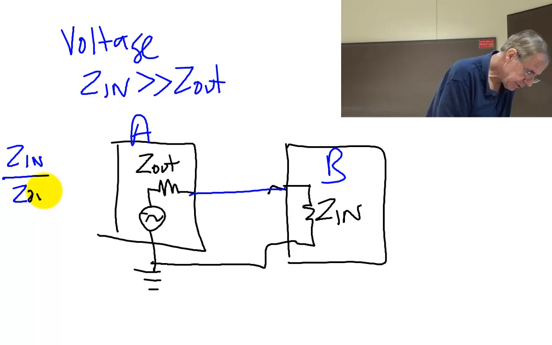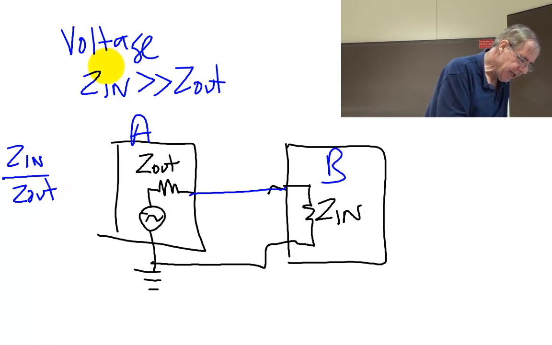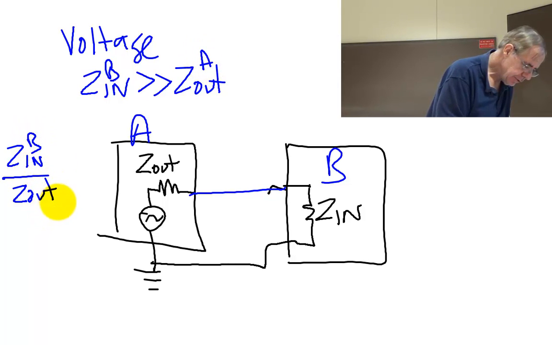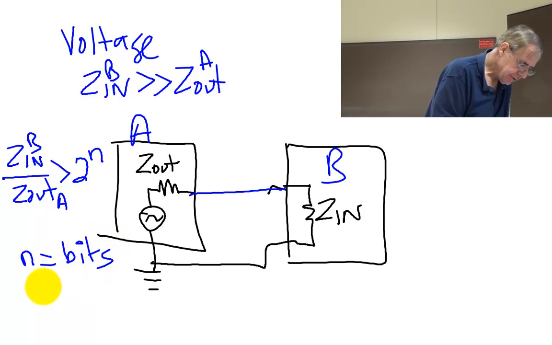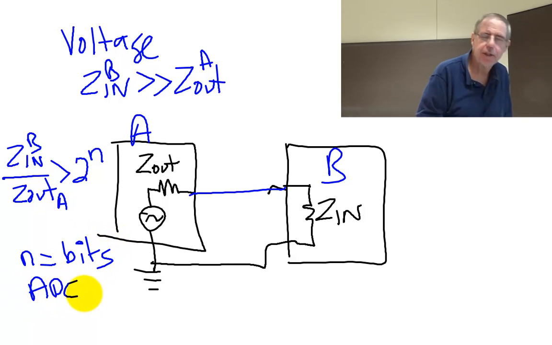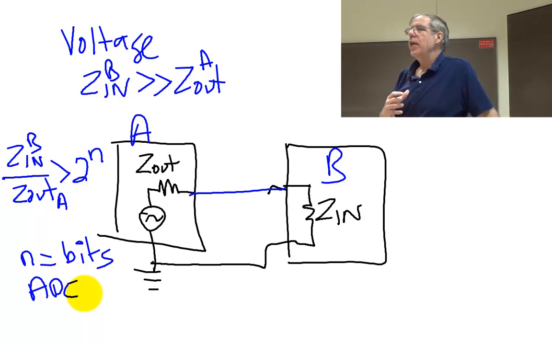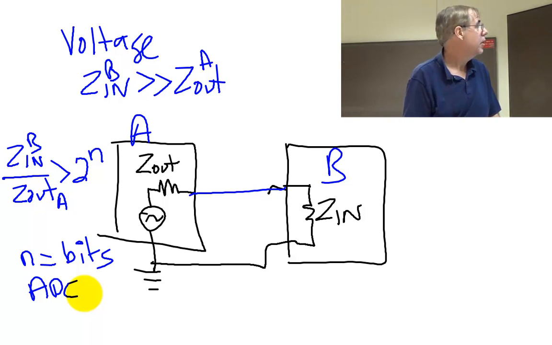Again, this is the input impedance of B compared to the output impedance of A. Okay? That this has to be bigger than 2 to the n, where n is the number of bits in your ADC. Because I want the error to be inconsequential as measured by the analog to digital converter. That's how I'm going to specify the parameters here. Okay?